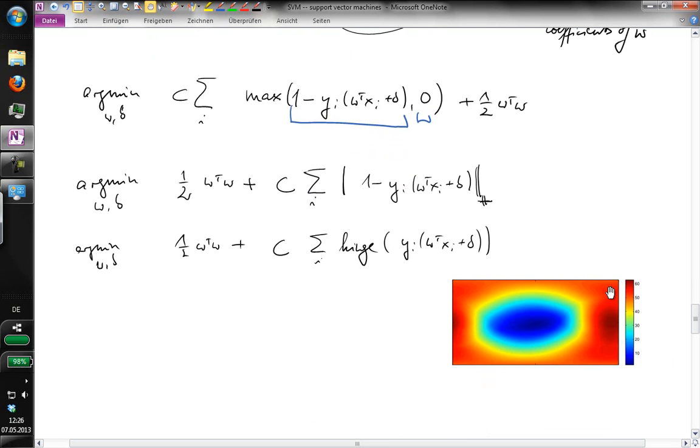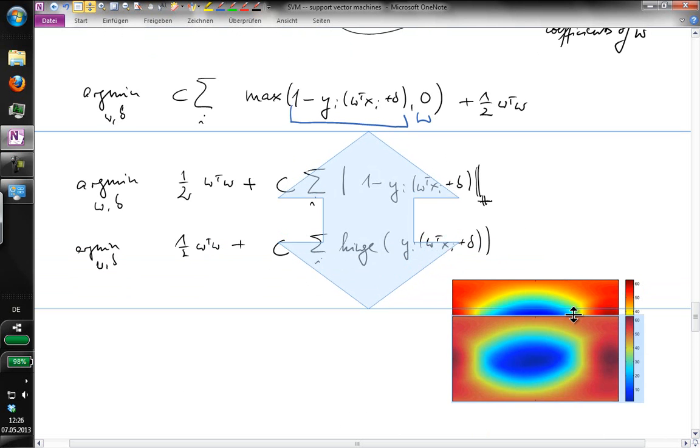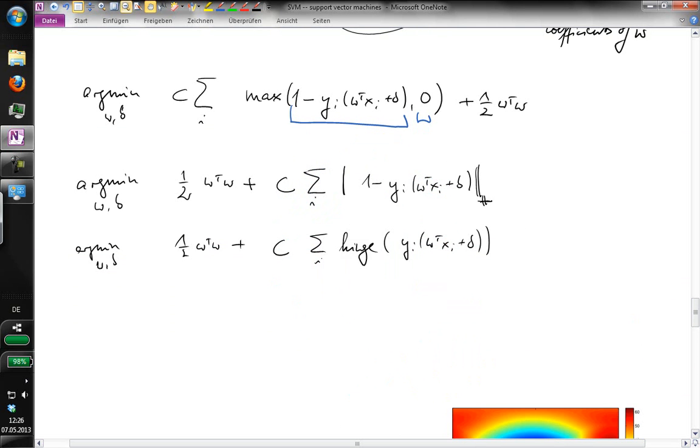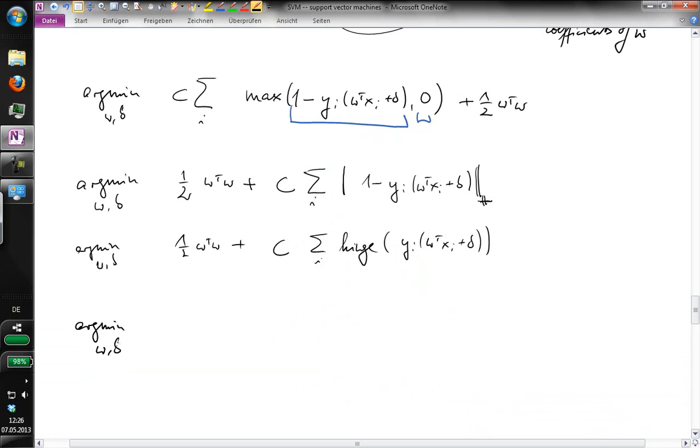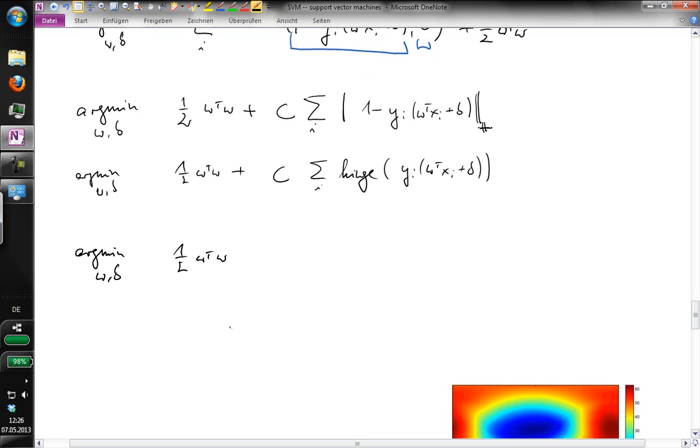There is yet another formulation which is equivalent, namely I can say I want to find the optimum parameters where I require that each point gets a score.